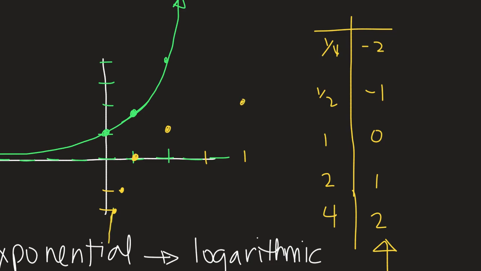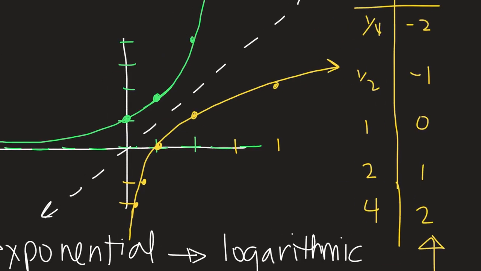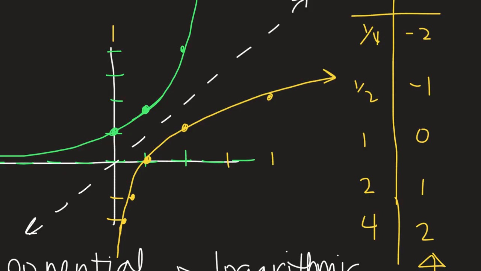Notice that these graphs look like they are indeed symmetrical across the line y equals x, and that's what it means graphically to be an inverse of each other. They are symmetrical across the line y equals x. So our horizontal asymptote from your exponential becomes a vertical asymptote for your logarithm. Okay, so log will never be negative. You can only take the log of a positive value, right?